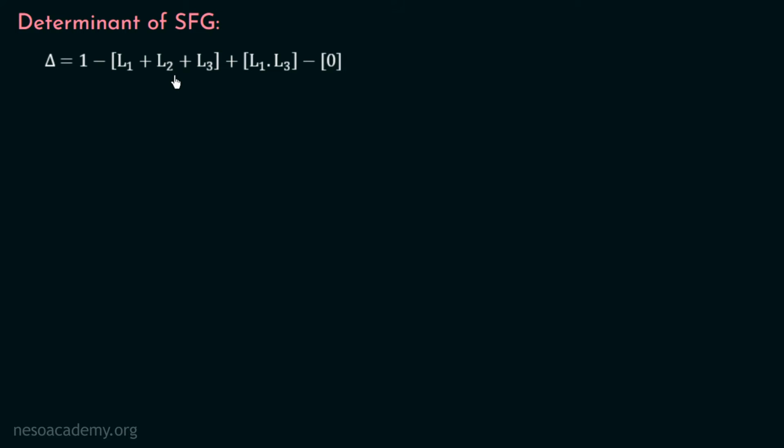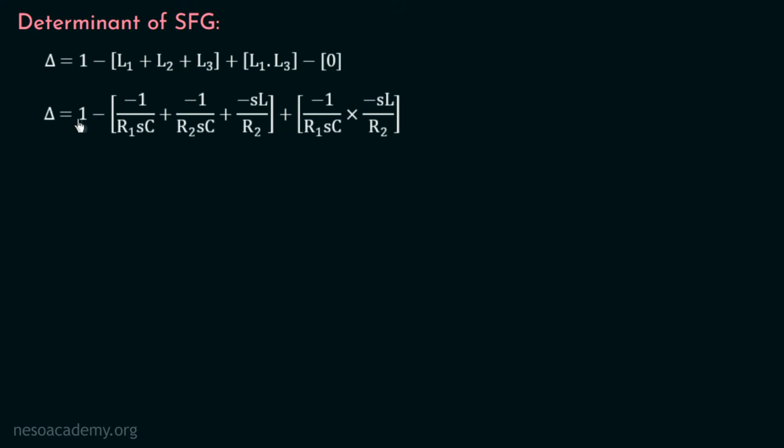Now, if we put the values of loop gains in this equation, we will have delta equal to 1 minus of minus 1 over R1 SC plus minus 1 over R2 SC plus minus SL over R2 plus minus 1 over R1 SC multiplied with minus SL over R2.